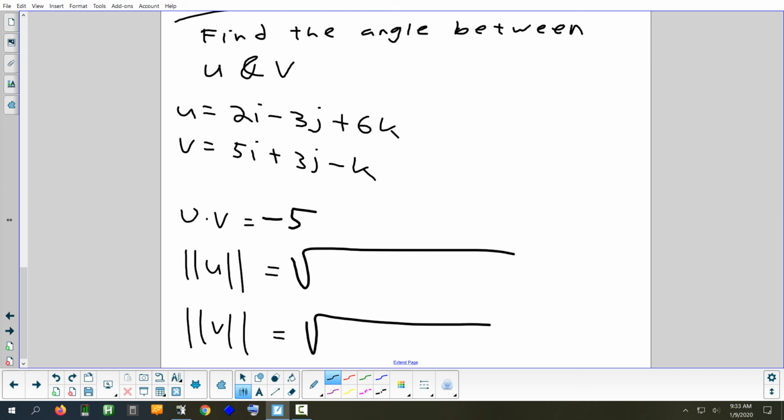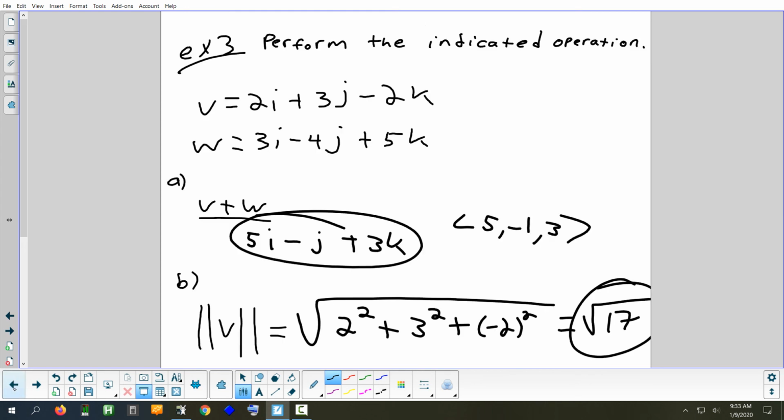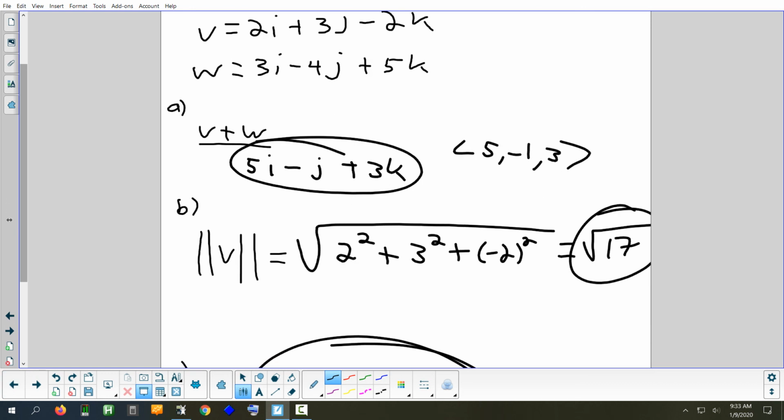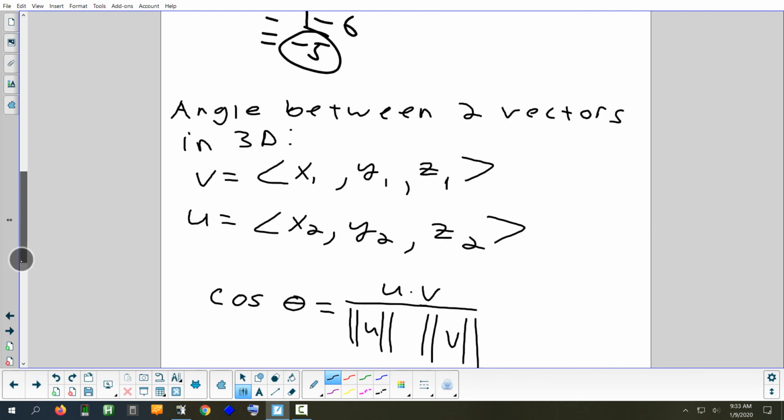Remember, this is like the Pythagorean theorem. 2 squared. Yes. 2 squared plus, and Cal, what's the next number? Anyone help them out? So it's just like when we found the magnitude in this problem. We're doing the same thing again. Just negative 3 squared.